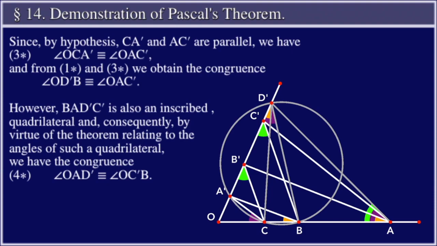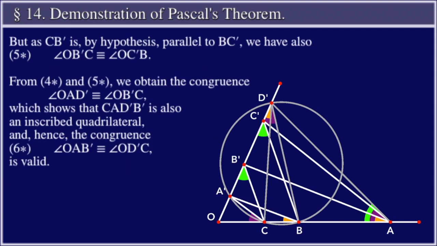However, BAD'C' is also an inscribed quadrilateral, and consequently, by virtue of the theorem relating to the angles of such quadrilateral, we have the congruence 4*. The angle OAD' is congruent to the angle OC'B. But as CB' is, by hypothesis, parallel to BC', we have also 5*, the angle OB'C congruent to the angle OC'B.